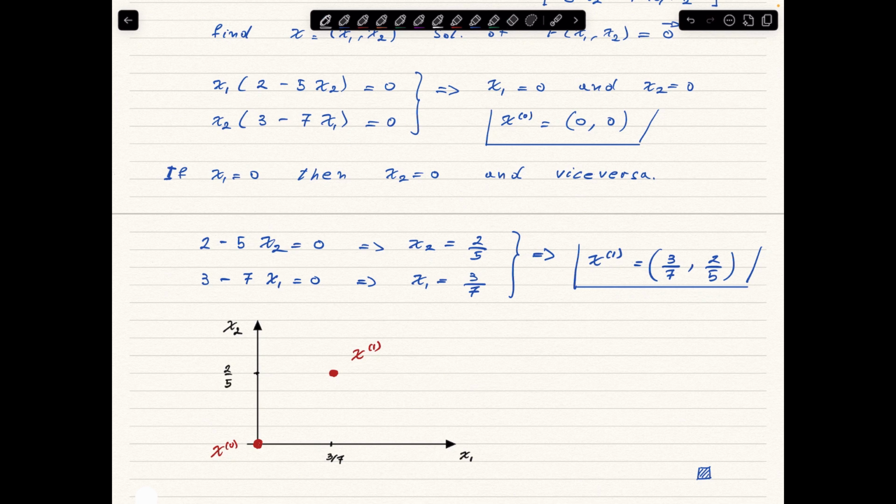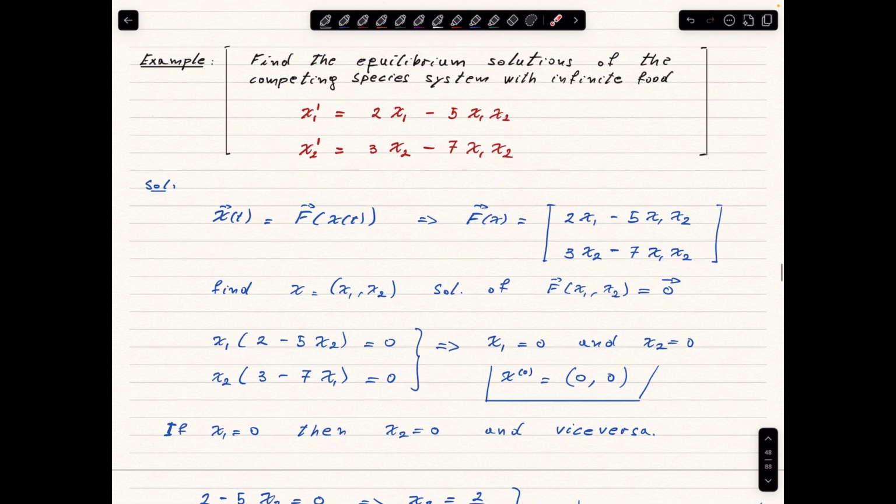There it is. So this is how an equilibrium solution looks. It's a point, constant in time, that solves the differential equation. So this is how we compute equilibrium solutions of a nonlinear system like this one here.